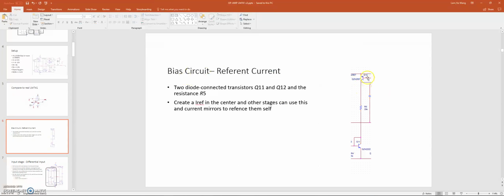The purpose of this is to provide a reference current for different parts to use, so everything is using the same reference. It's formed by Q12 and Q11 and a resistor in the center, R5 39K. And then all the other stages are built-in current mirrors based on this reference current.